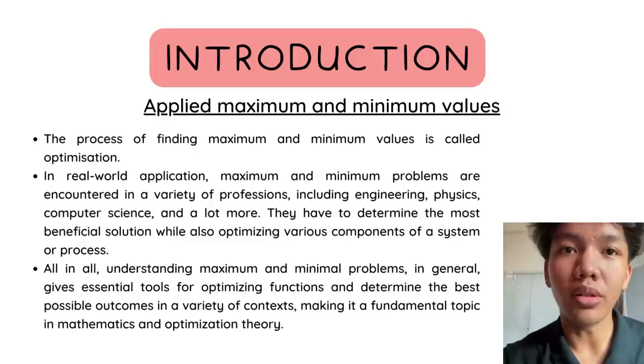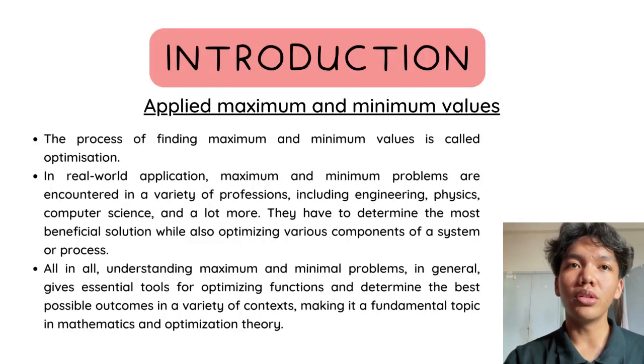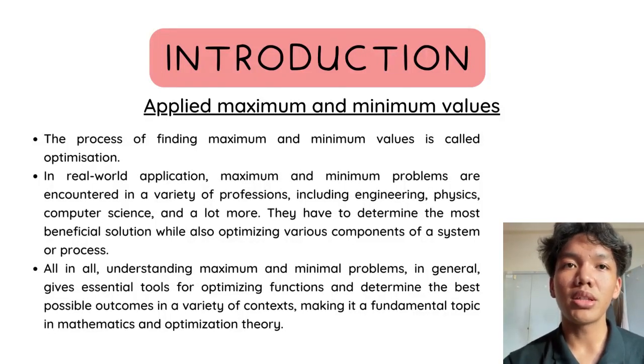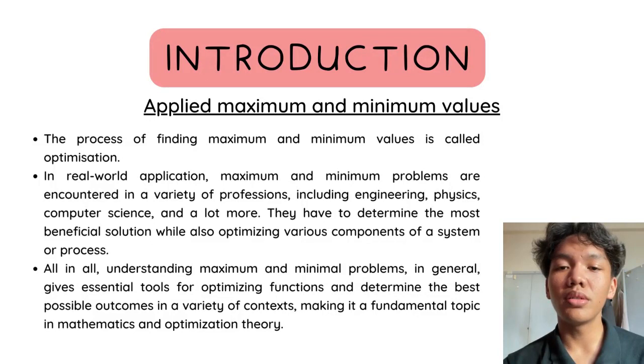Hello, my name is Jericho Rosales, and today I'm going to introduce applied maximum and minimum values. The process of finding maximum and minimum values is called optimization. In real-world applications, maximum and minimum problems are encountered in a variety of professions, including engineering, physics, computer science, and a lot more.